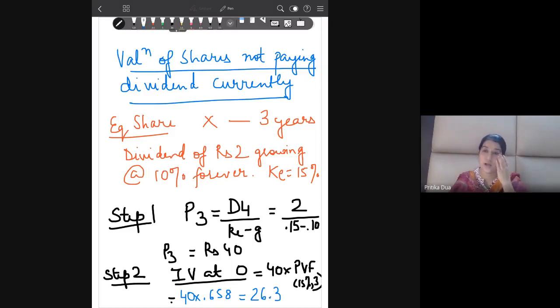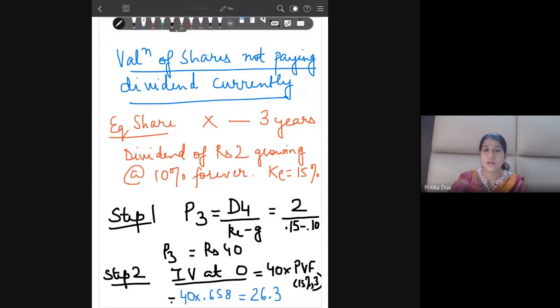Okay, so this is how we solve the question when we are having a case where currently there are no dividends, but in the future there will be a dividend stream which will continue to grow forever. I hope this is clear.